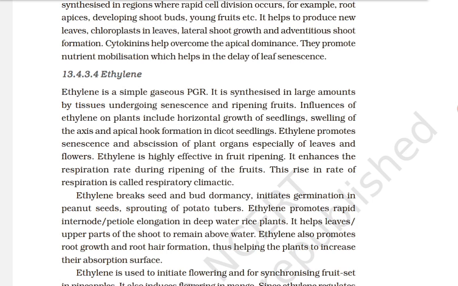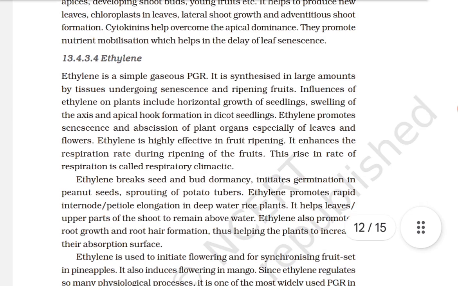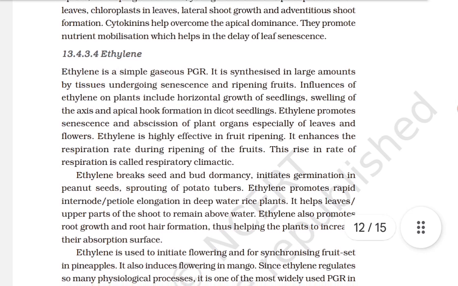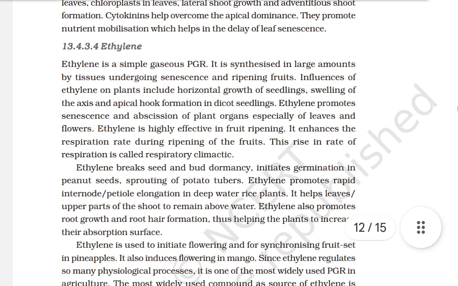Ethylene promotes senescence and abscission of plant organs, especially of leaves and flowers. Ethylene is highly effective in fruit ripening. It enhances the respiration rate during ripening of the fruits.